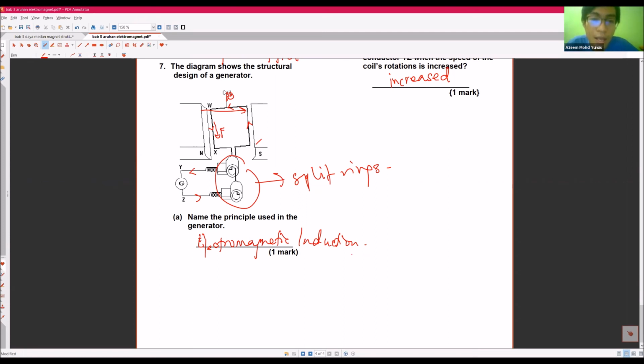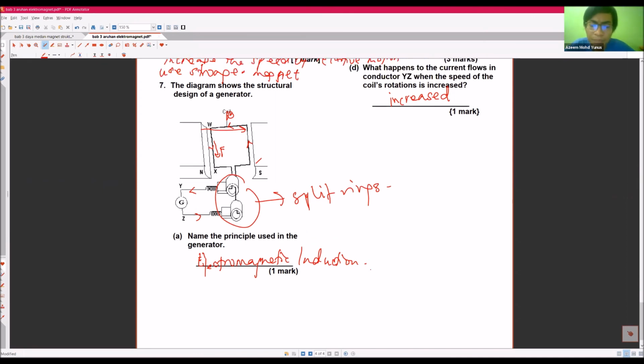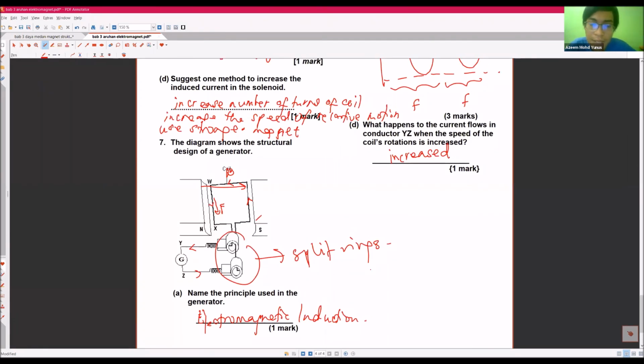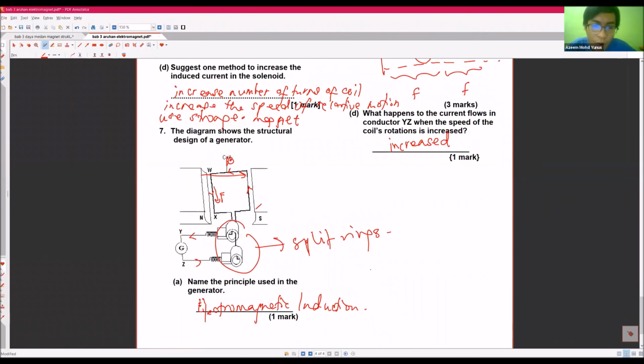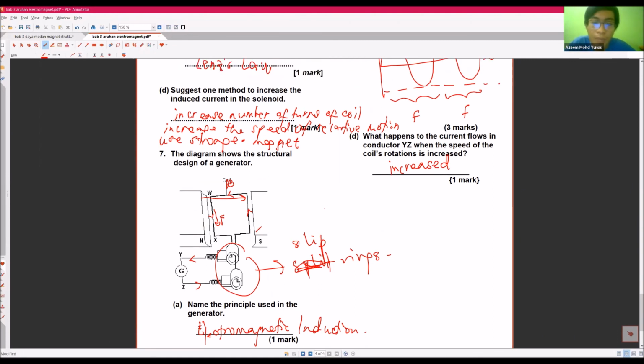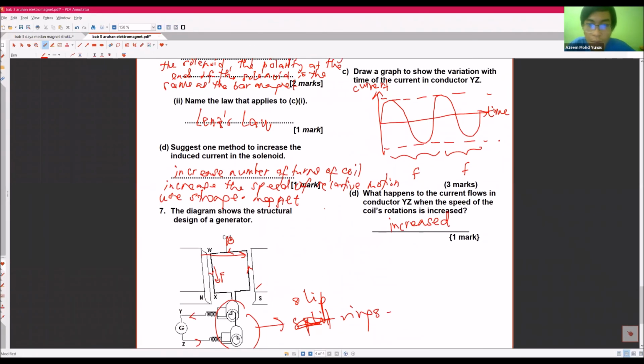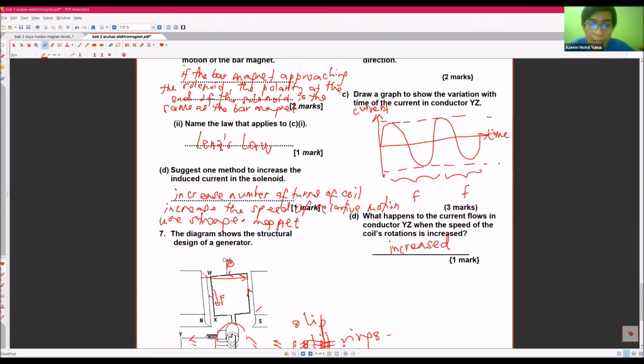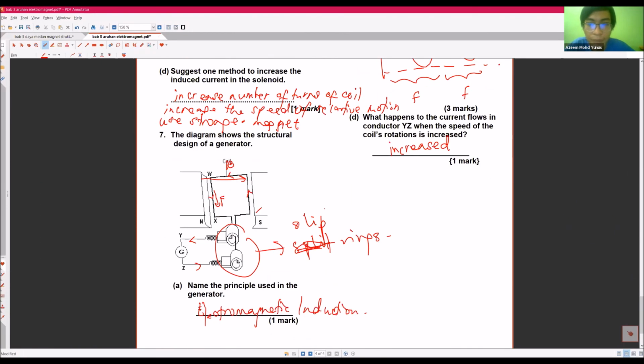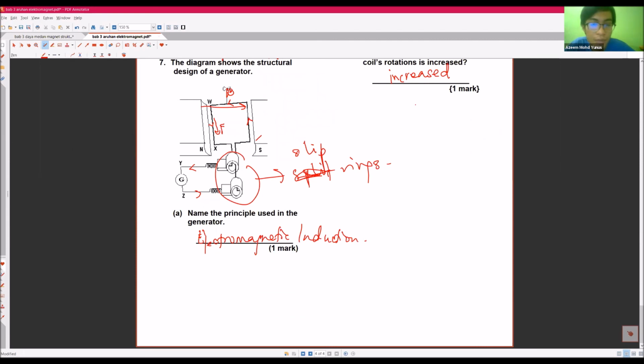As long as you see a solenoid, you must use the right-hand grip rule. We also discussed the DC motor, the function of commutators, split ring commutators, and Faraday's law, Lenz's law and how to use them. Hopefully you understand all the concepts here and have strengthened your understanding. Okay, thank you.